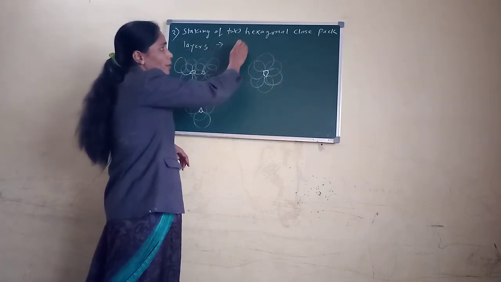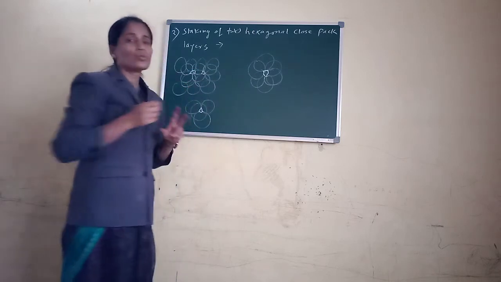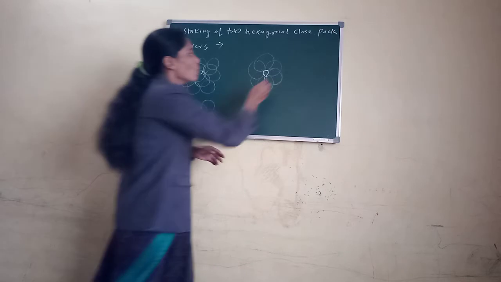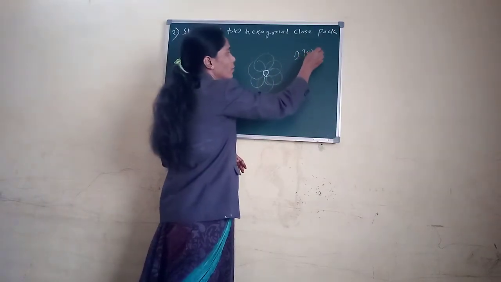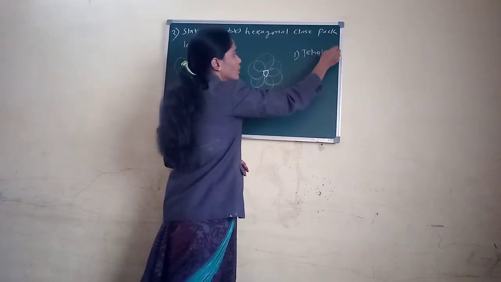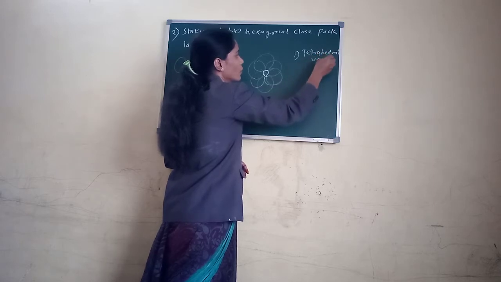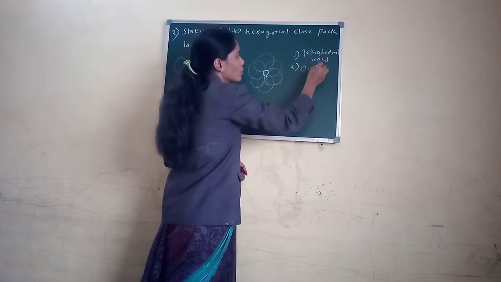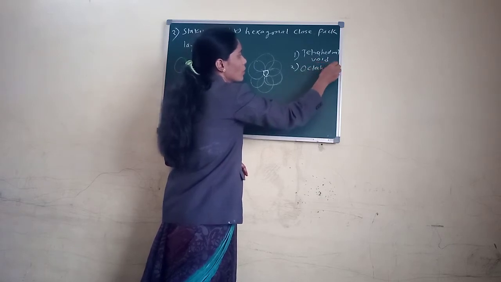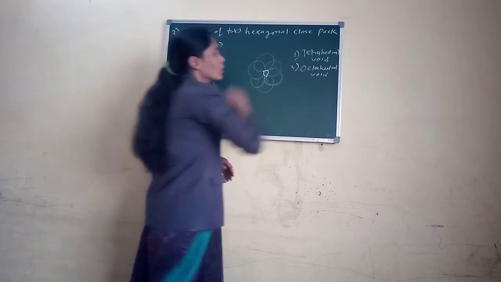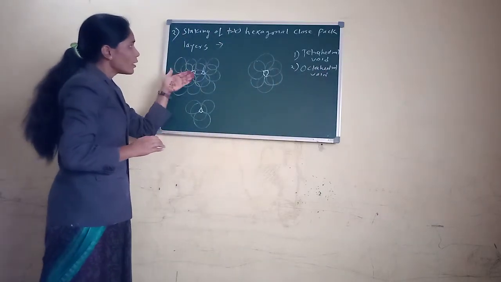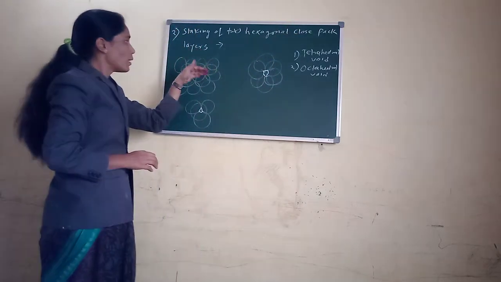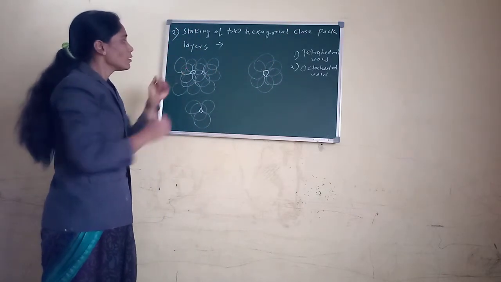In close pack layers two types of voids are created: one is tetrahedral void and another is octahedral void.